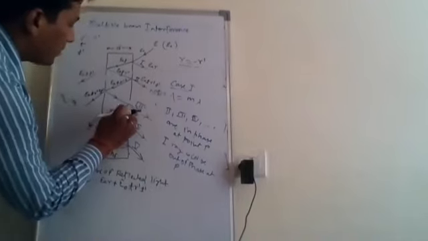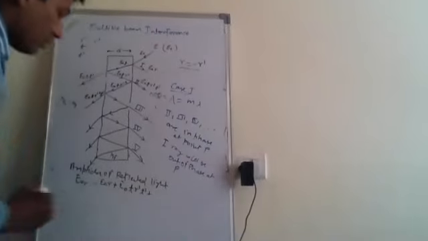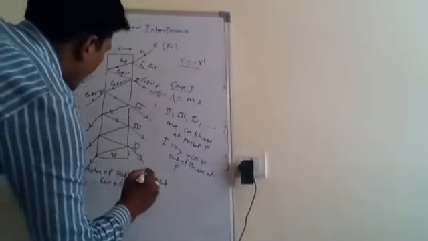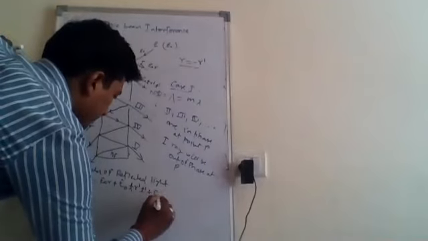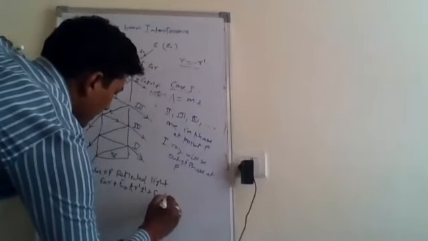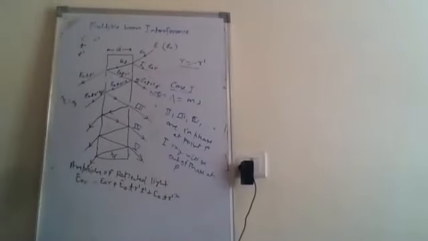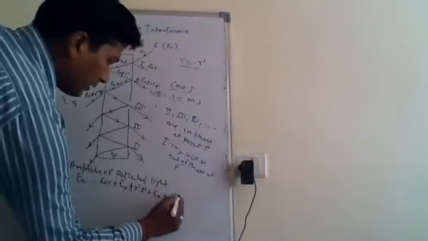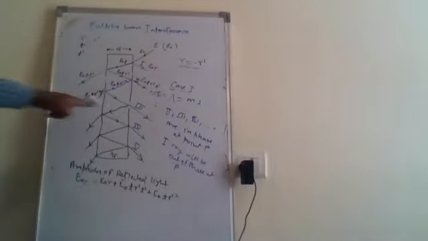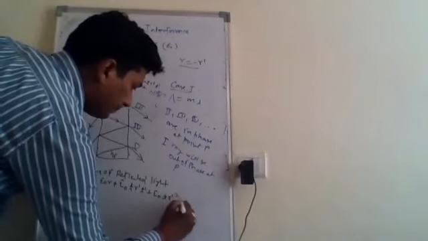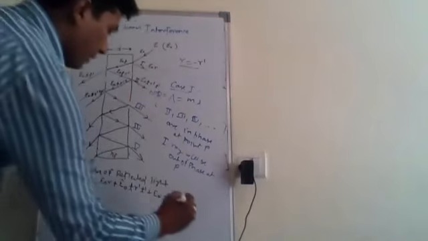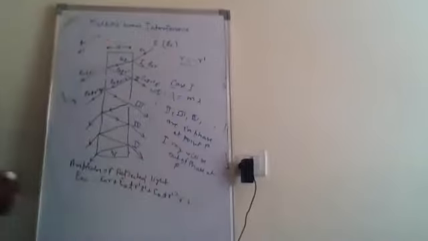Then the amplitude of the third one, plus E naught t r prime square, then r prime cube for the further reflections, and then t prime, plus and so on.